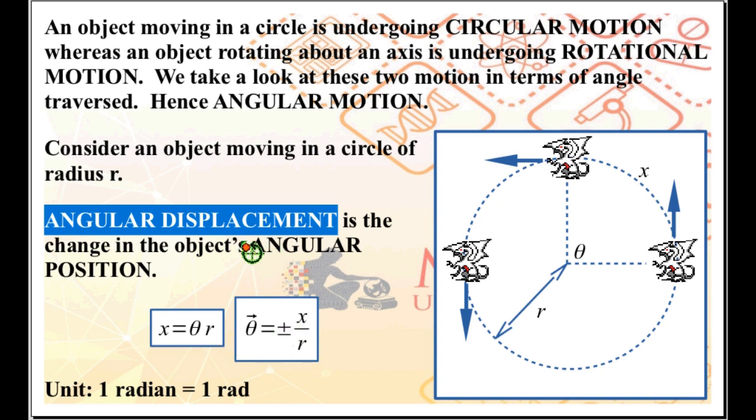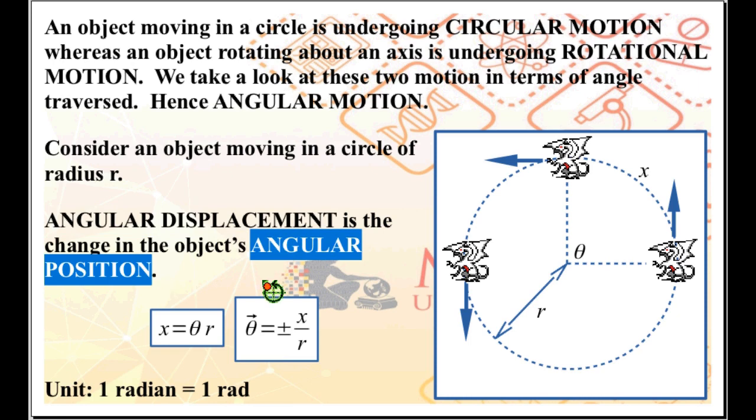Thus, we have angular position. Angular position theta is equal to plus-minus x over r. Angular position is a vector quantity, so there is an arrow or bar above the variable. Again, plus-minus designates the direction of the angular position vector, plus for positive direction and minus for negative direction.